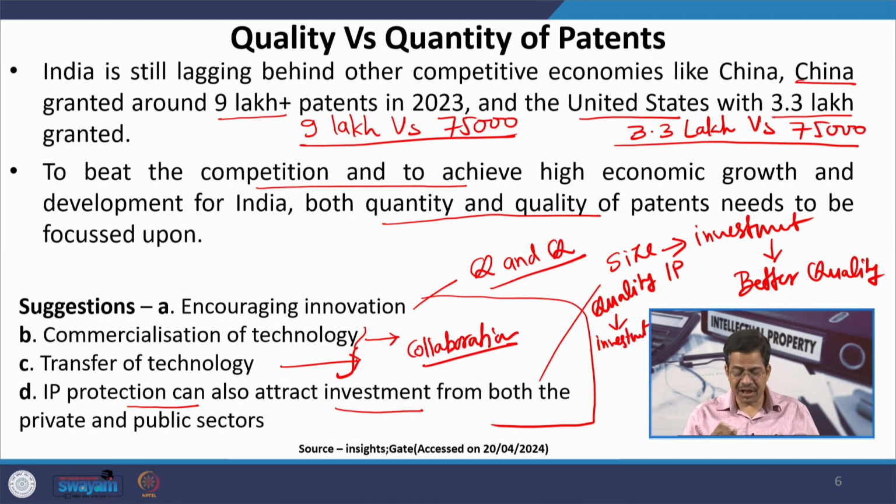And when you have investment, you can go for a full category of IP creation related to those product categories. So, it may increase the size. So, both these flows are possible. When you have size, it may lead to better quality, or better quality IP may lead to size. So, that is also a good strategy which can help you in achieving both quality and quantity.